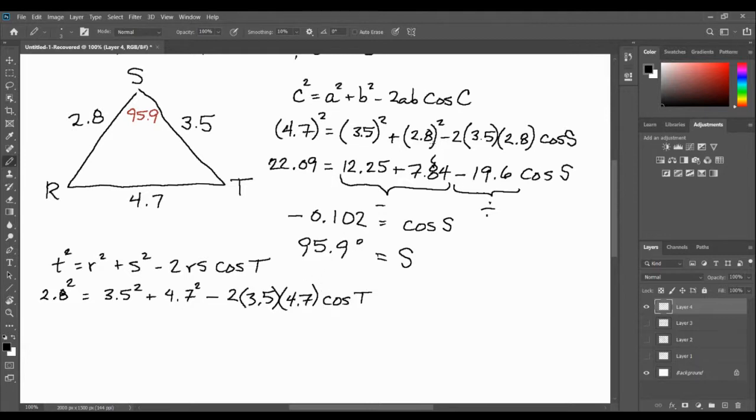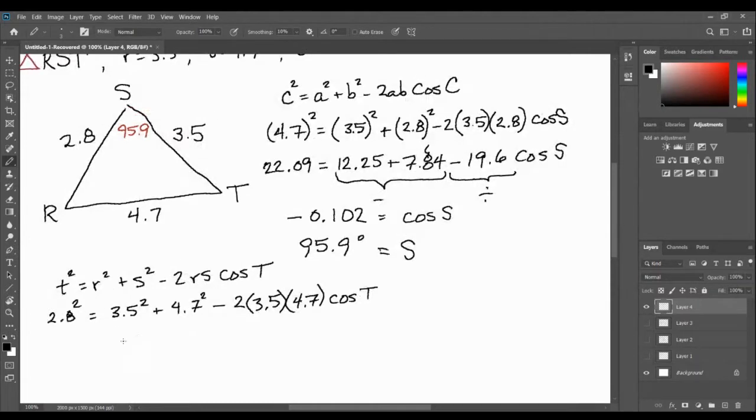Doing the same sort of arithmetic we did up here, I'll get cosine t equal to 2.8 squared minus 3.5 squared minus 4.7 squared, divided by negative 2 times 3.5 times 4.7. And that gives me 0.8055.